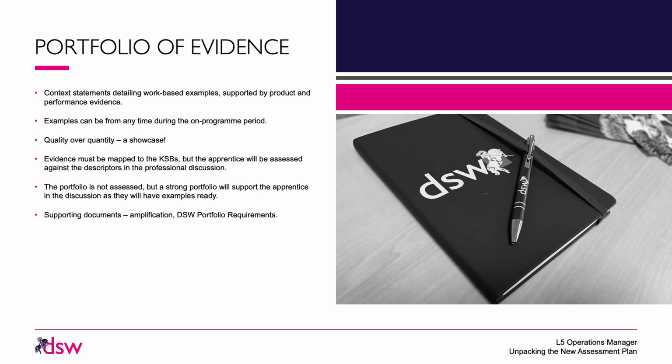It should therefore focus on quality over quantity, and in doing so, the training provider and the apprentice should ensure for each of the criteria for the assessment method, they have the best piece of evidence possible. The evidence must be work-based examples to support their understanding of the KSBs and the assessment descriptors.